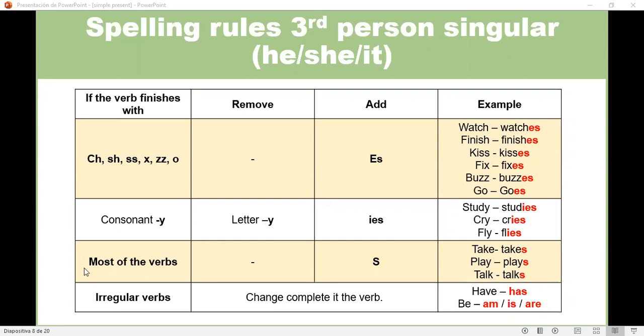And also, guys, we have some irregular verbs that change completely. For example, have, has. Here we don't say have, has. No. Here it changed. Have, has. And also the verb to be. We use am, is, and are.